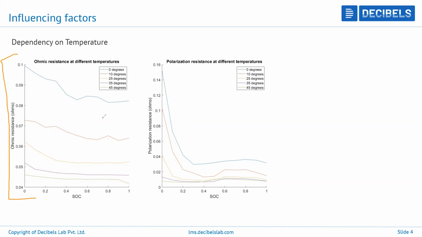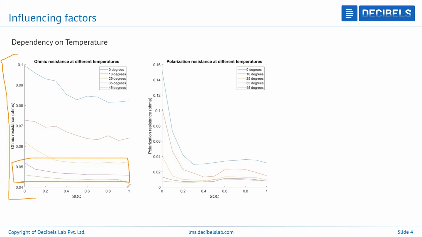There is more energy content as you increase the temperature. So if the temperature goes on increasing, the chemical reaction energy also goes on increasing, and then it has more energy to overcome all the resistance. That is why as the temperature rises, the resistance drops.